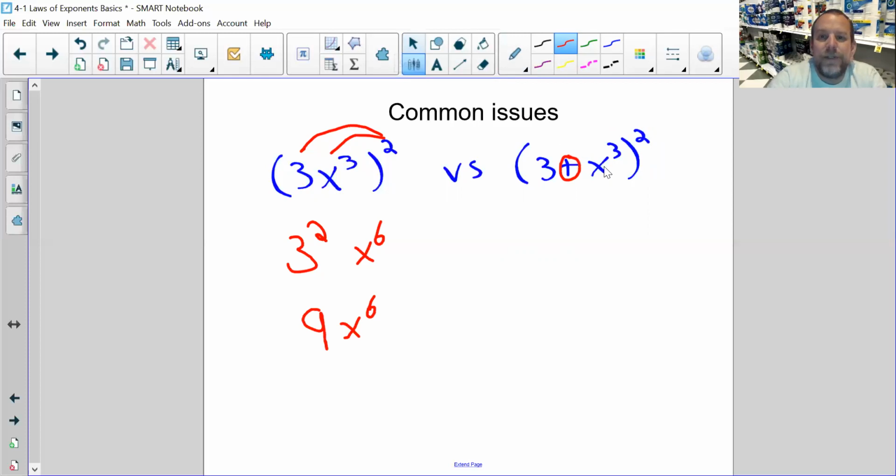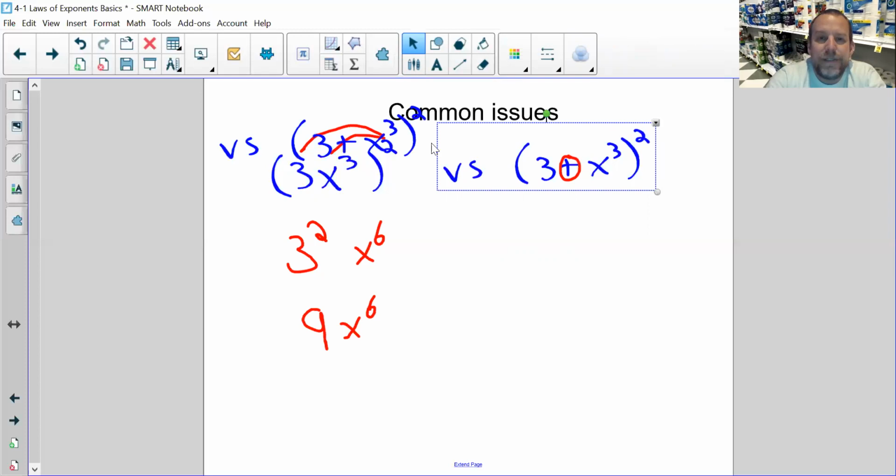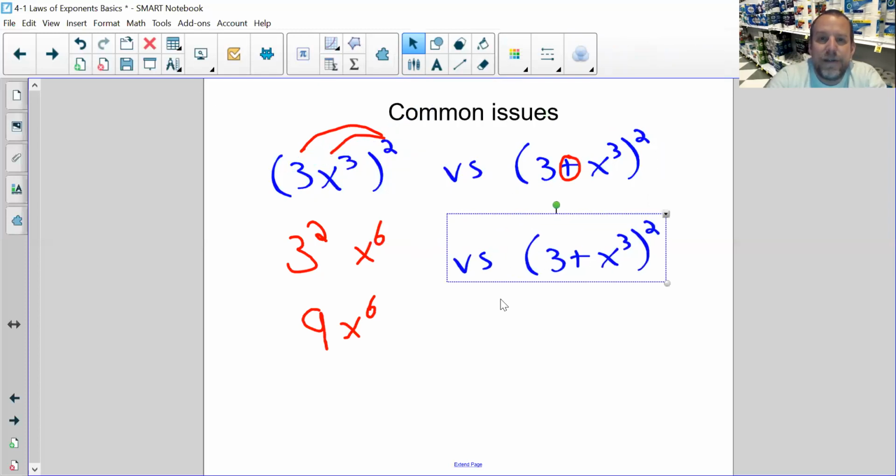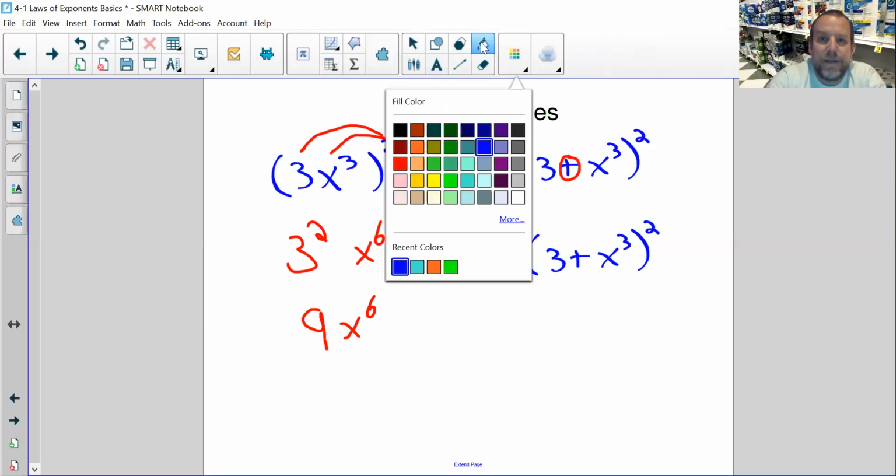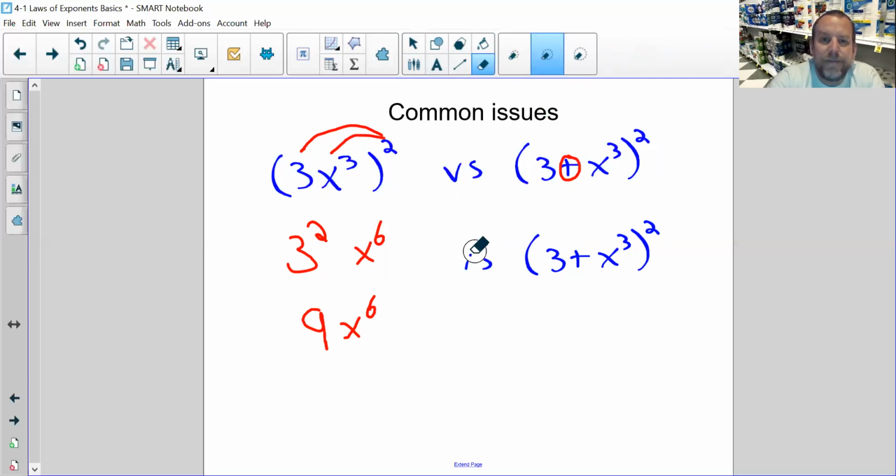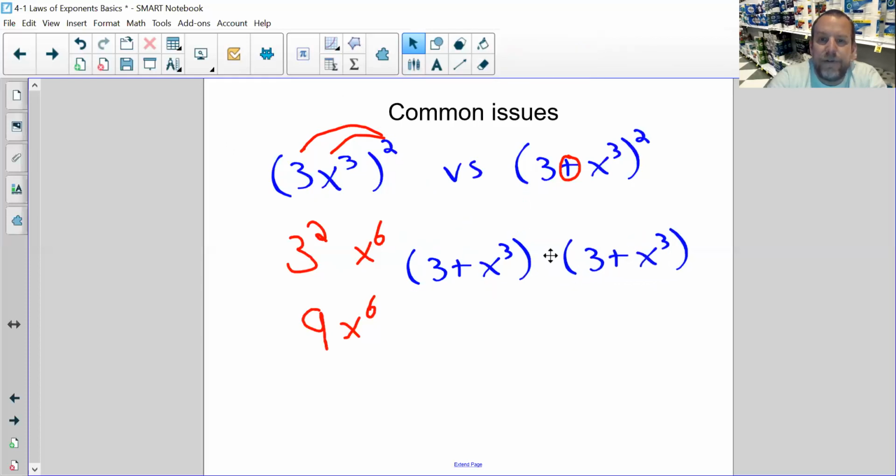And so if you wanted to do this problem, the only way to do it is to think about this thing as double distribution, or as you guys like to say, FOIL.